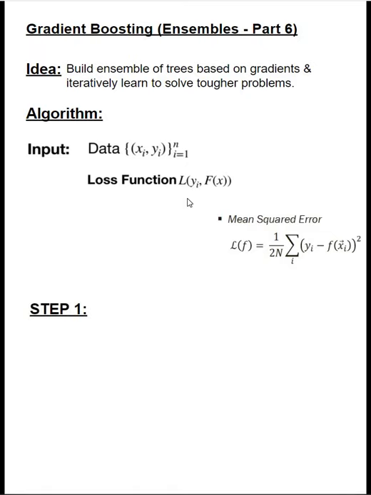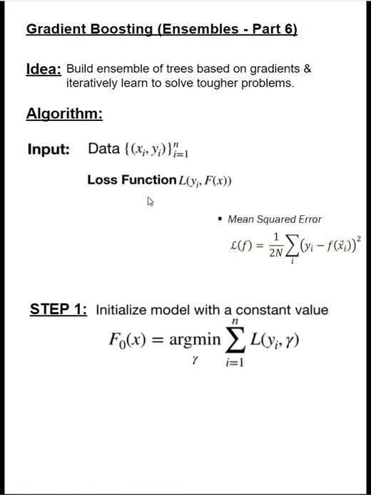Now let's move on to the first step. Now that we've been given data and a loss function, we are going to be creating a base model, which is creating an instance of the decision tree if we're going to be using a tree-based algorithm, which is the context of our discussion.